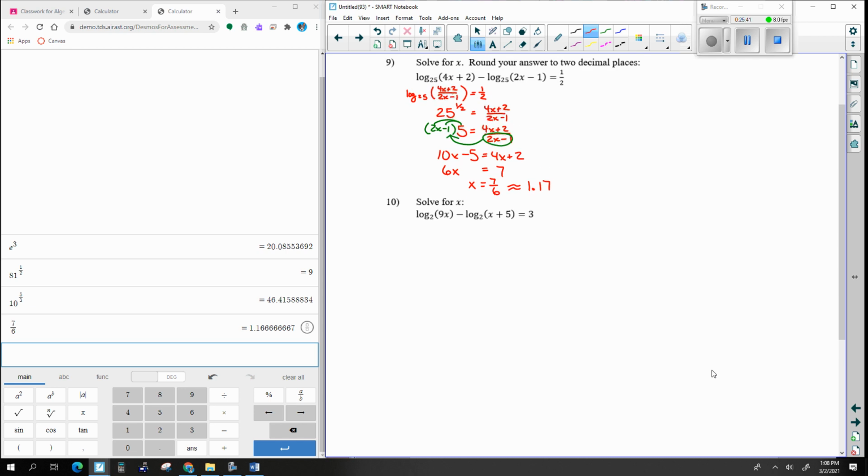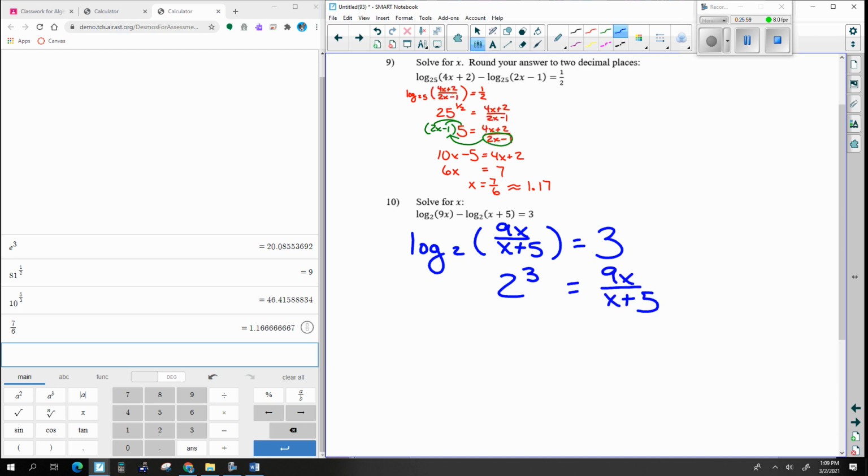Okay, last but not least, here we go. Subtraction is a division, so this is going to be log base 2 of 9x over x plus 5. Log on one side, I rewrite it. So this is 2 to the third is equal to 9x over x plus 5. 2 to the third power is the same thing as 8.